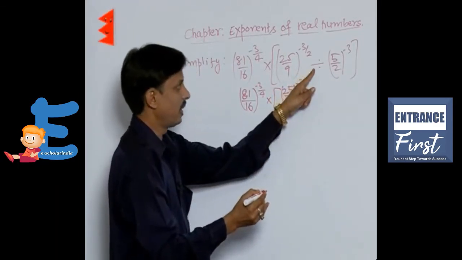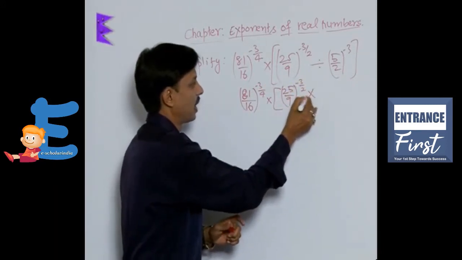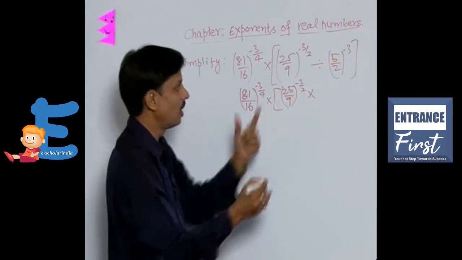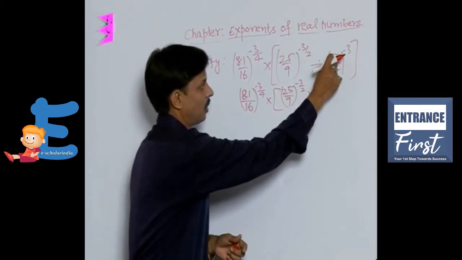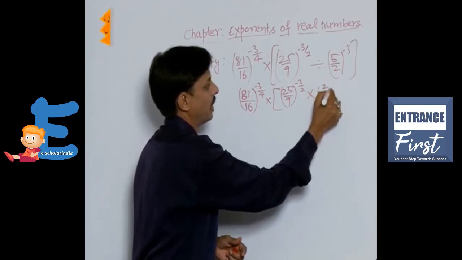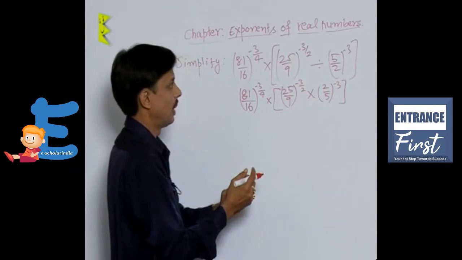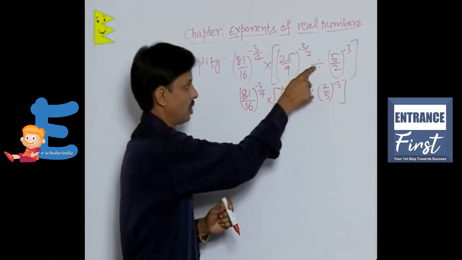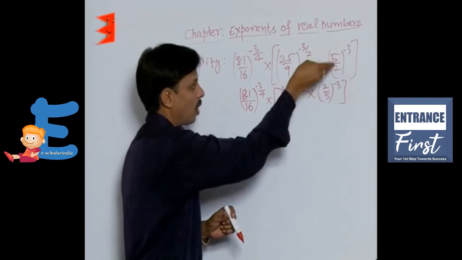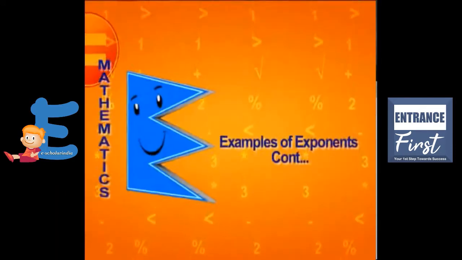If I change this division, in place of this I can write multiplied, but this base 5 by 2 will reverse. So after reversing 5 by 2, this will be 2 by 5, with no change in the power minus 3. So in the first step, I just changed this divide to a product by reversing the base in front of this division.